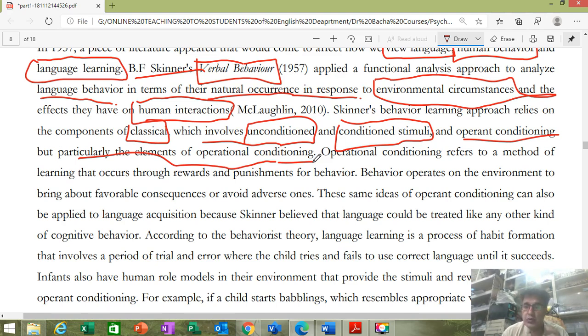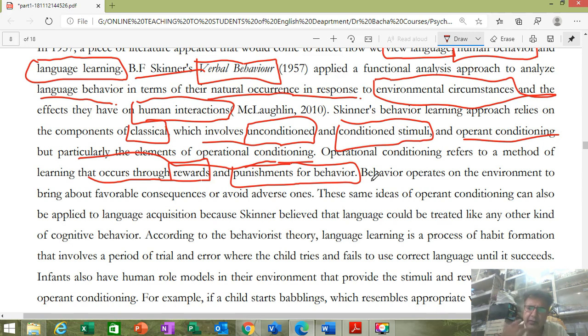It refers to a method of learning that occurs through rewards and punishments. So the basic premise of this theory was stimulus, reward and response, and reward and punishment were to play a greater role in the learning of languages. This was the kind of behavior linked with language acquisition.